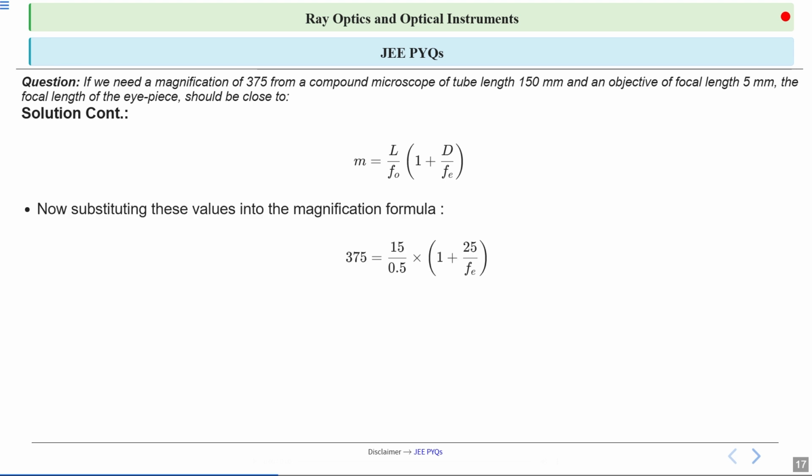Now substitute the known values into our formula. 375 equals 15 upon 0.5 multiplied by 1 plus 25 upon Fe. Notice how we converted the tube length from millimeter to centimeter for consistency. The tube length is given as 150 millimeter and we wrote it as 15 centimeter.